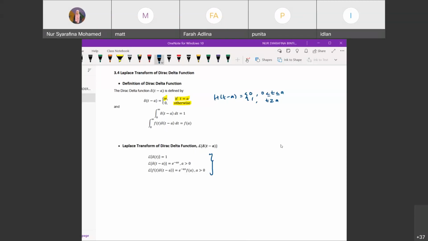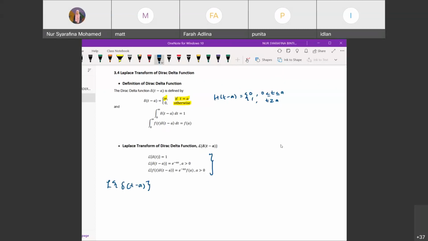All right, so let's prove the Dirac delta function transformation here. Let's prove δ(t minus a) first.